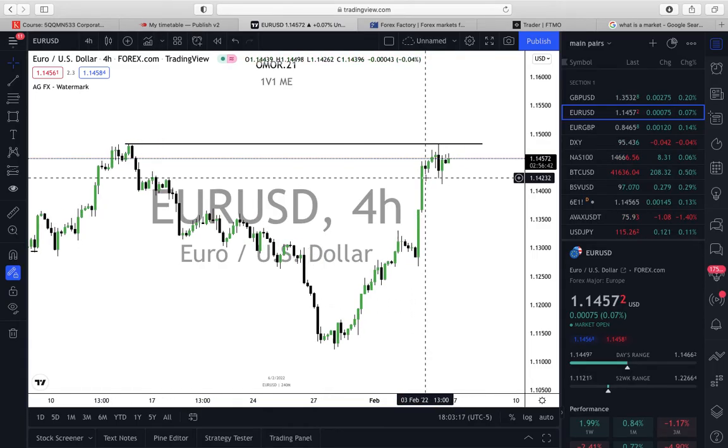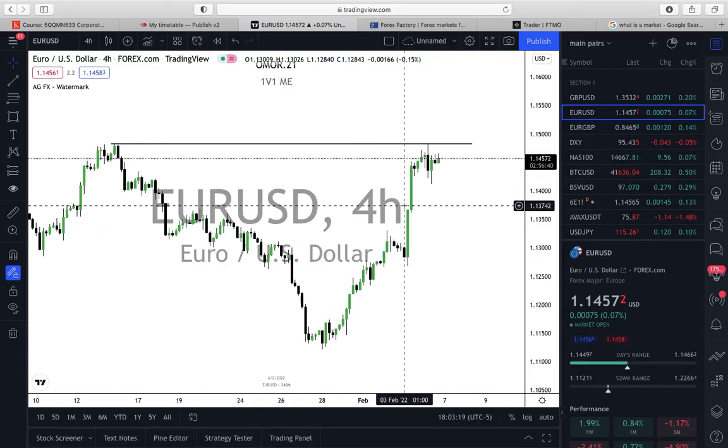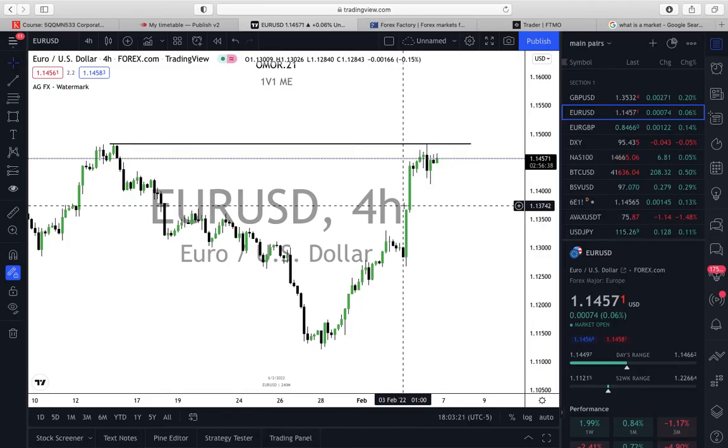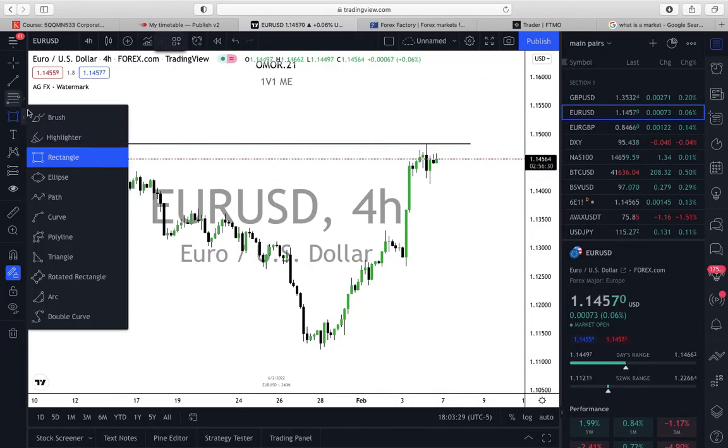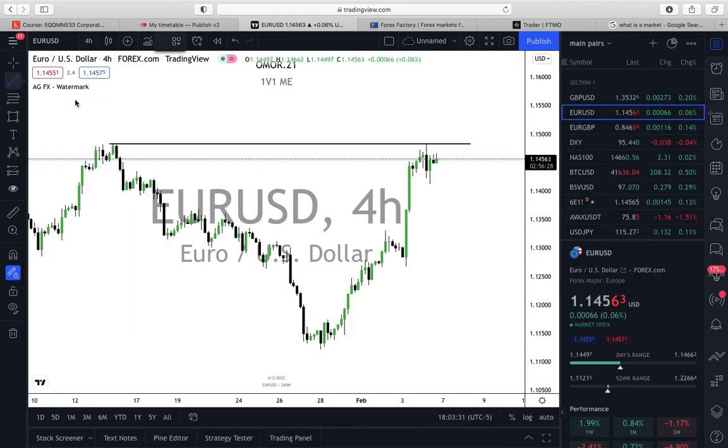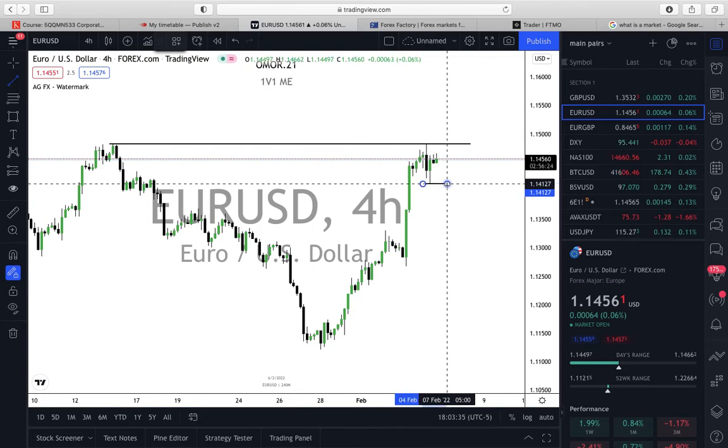What happens when these highs are too equal? Let's see what happens. What's this? A low.